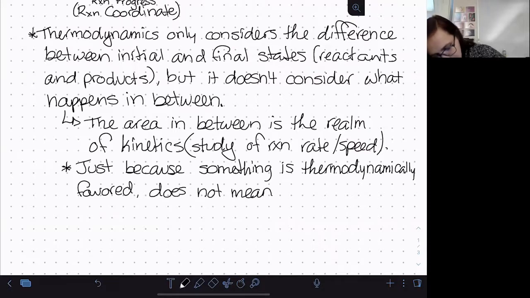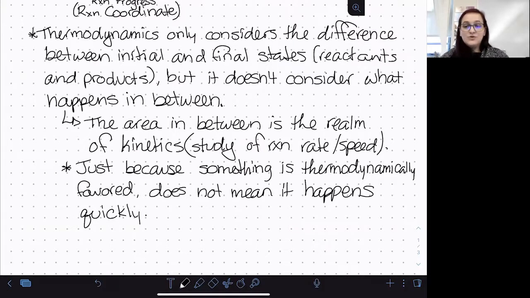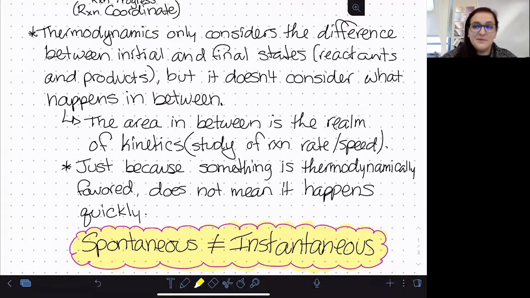So something may be thermodynamically favored, but if it has a really, really high activation energy, that process may be so slow under normal conditions that it doesn't really happen at a visible rate, that it doesn't really happen under normal circumstances. So I think of this concept as spontaneous does not mean instantaneous.